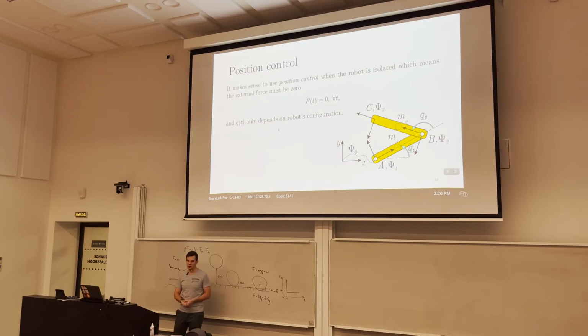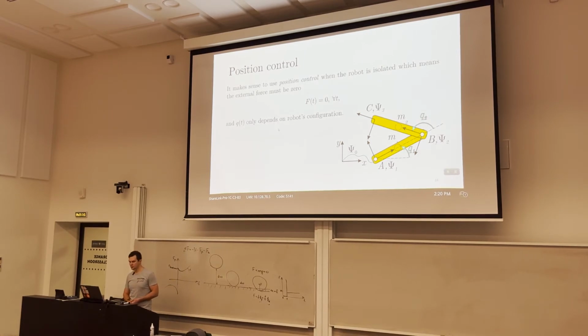If we do welding or we want to paint something, we have just a spatial trajectory and we need to follow this trajectory. The robot does not have to generate any forces or torque. So the force of interaction will be 0. This means position control.